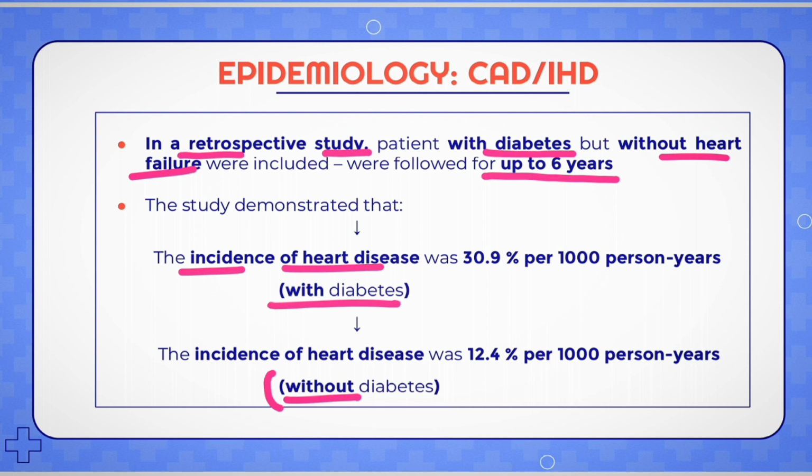In patients with diabetes, the incidence of heart disease was found to be 30.9% per 1000 person years as compared to those without diabetes, in which the incidence was recorded as 12.4%.